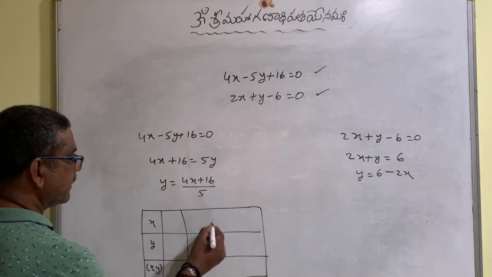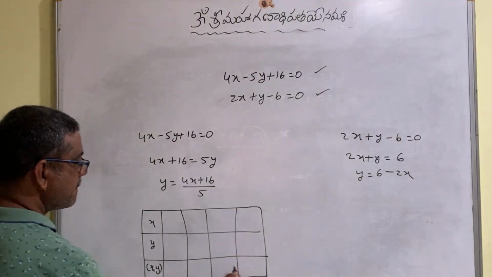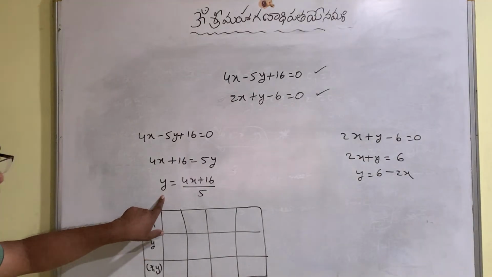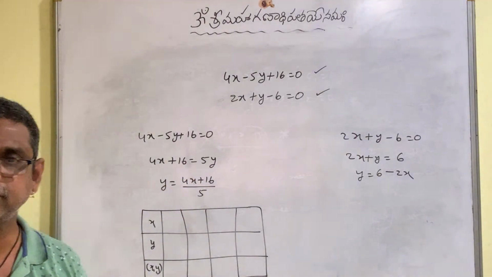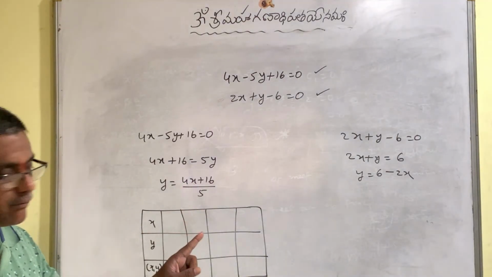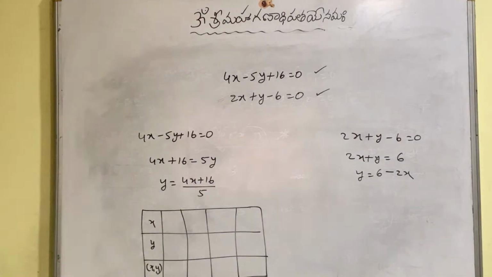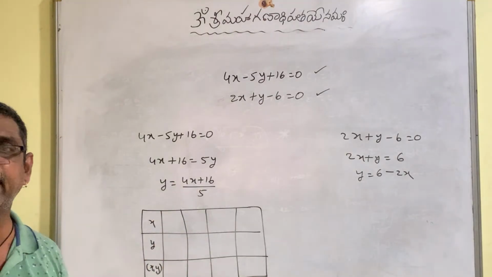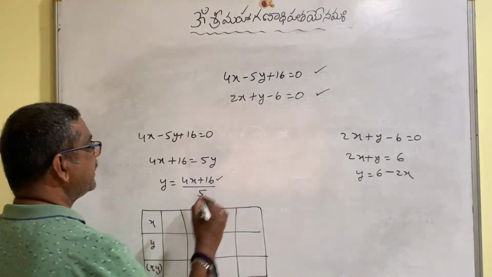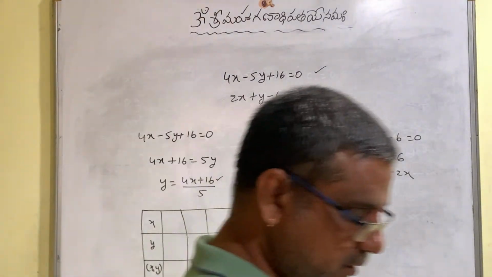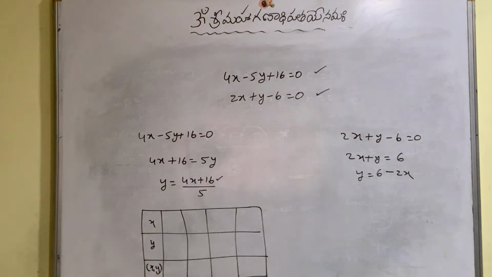Now different values for x. Children, here you can observe a fraction. Now you have to give such values for x so that whatever we get in the numerator should be divisible by 5. Is that understood?